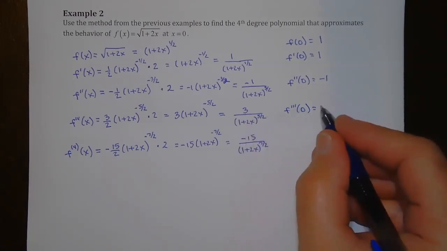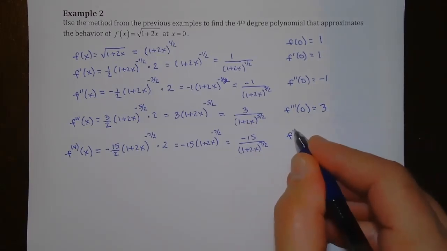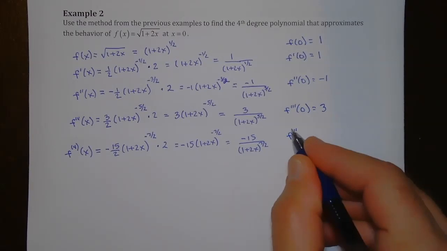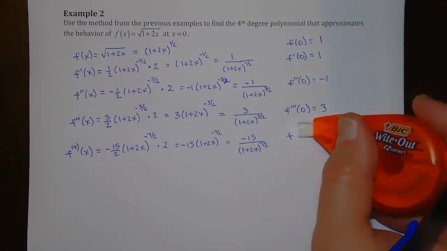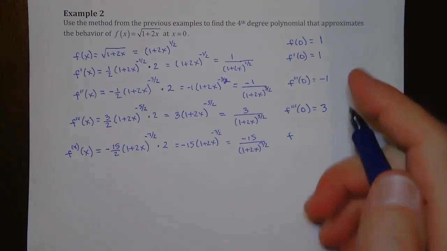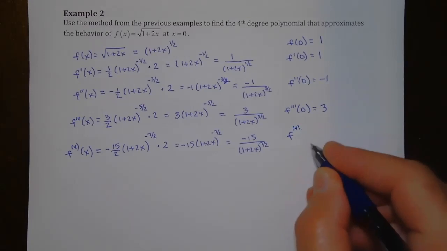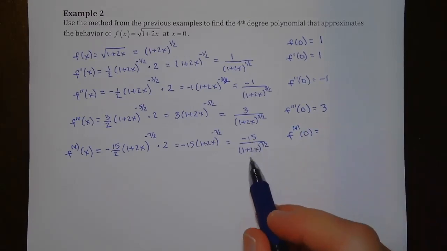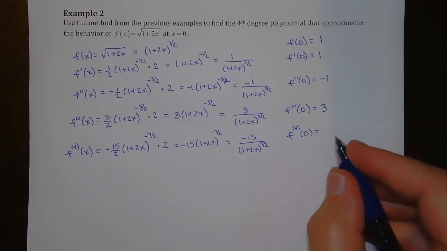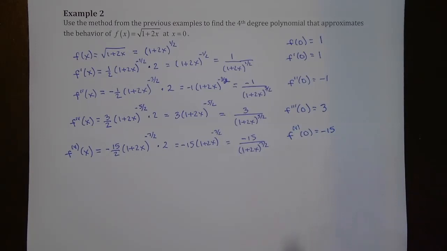So it'd just be 3. And the fourth derivative at 0 would be negative 15 over 1, which would give you just negative 15.